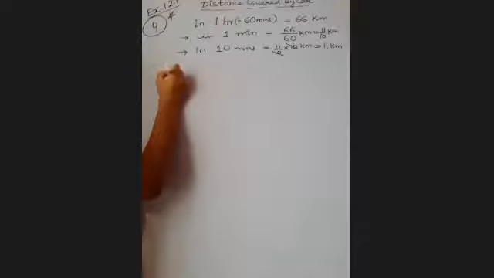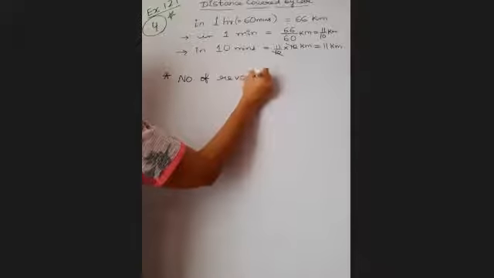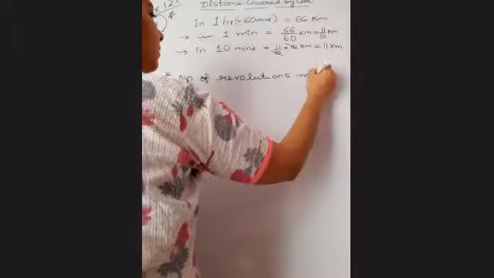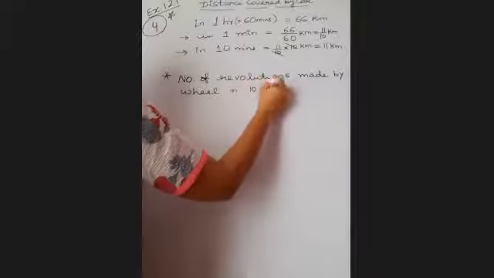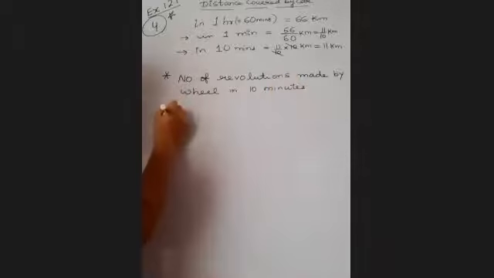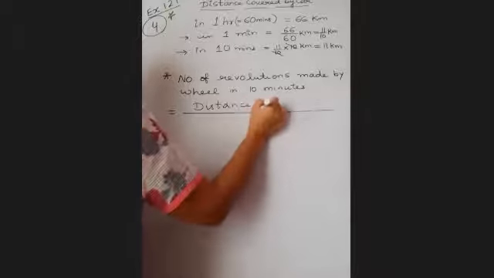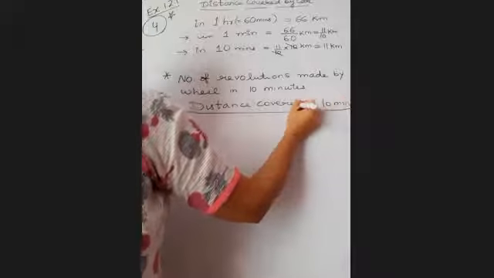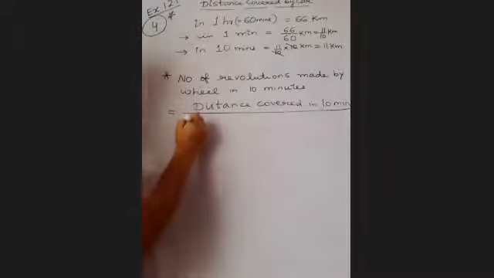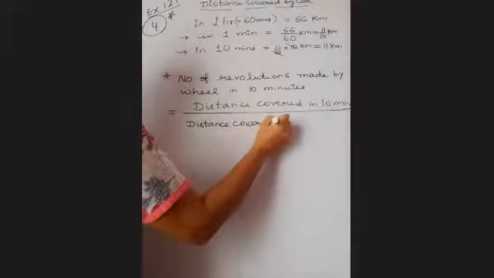So now the number of revolutions made by the wheel in 10 minutes will be equal to the distance covered in 10 minutes divided by 2 pi r, the distance covered in one revolution.